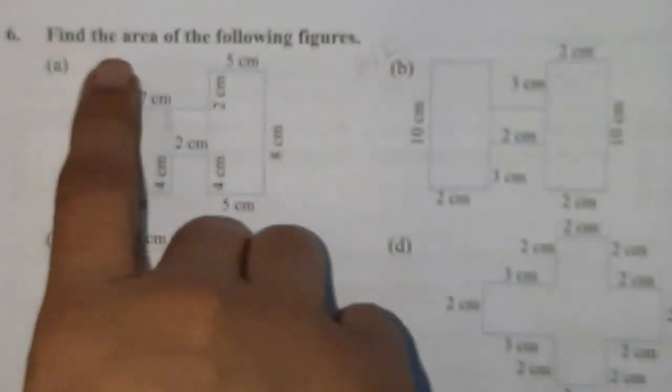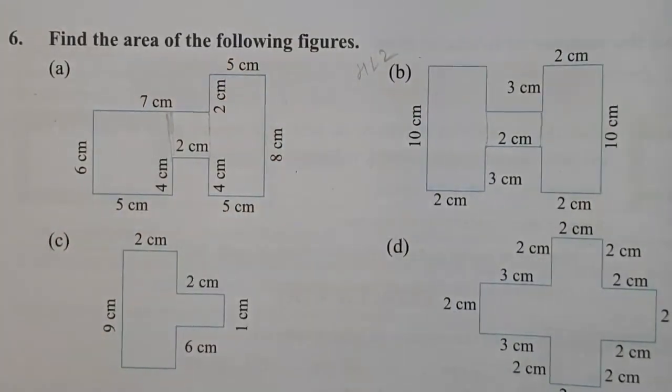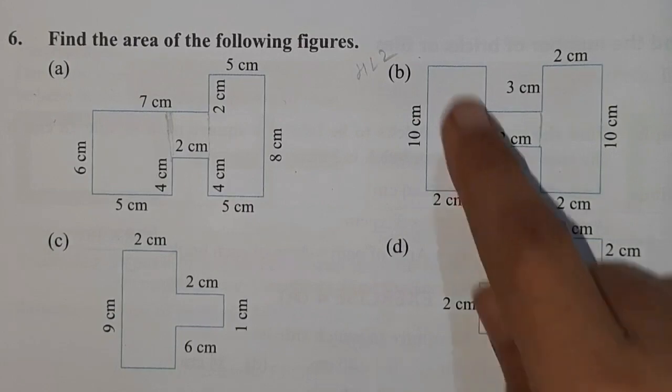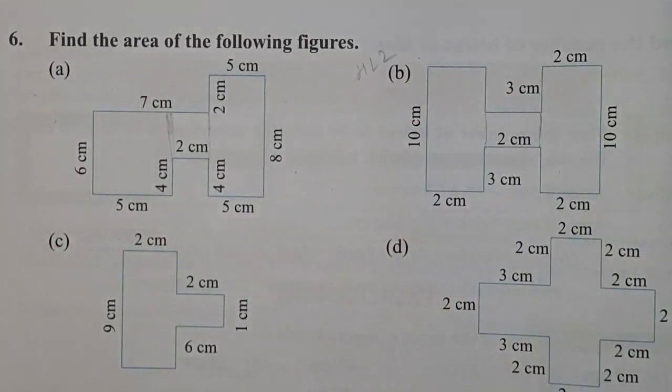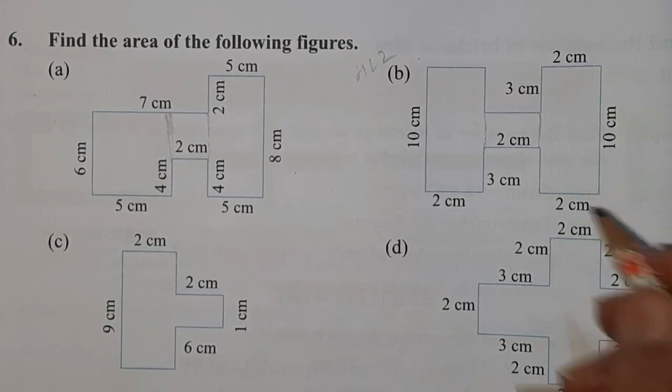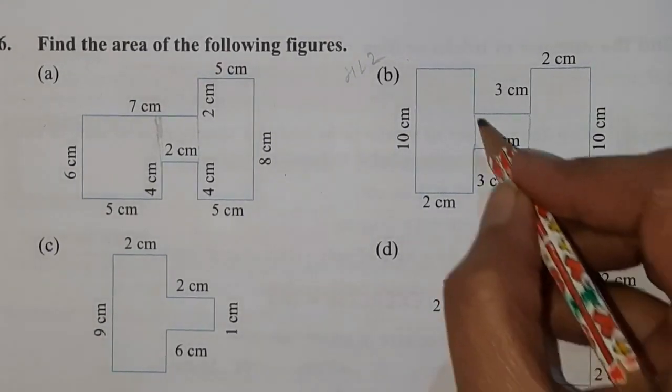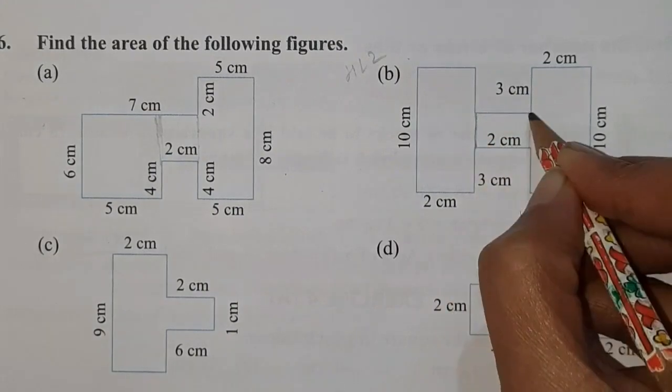Now question number 6, find the area of the following figures. We will do B part. This is the figure given to us. Now we have to find out the area. How to find out? First of all, we will divide the figure into parts.